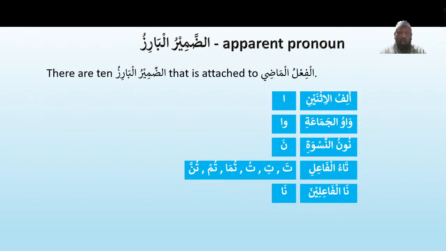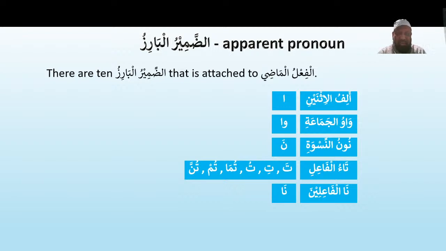Now we're going to call all these ad-damir al-bariz ad-damir al-marfu al-muttasil. Marfu because they will come in place of marfu, and muttasil because they will be attached to al-fi'l al-madi. Because remember, all damirs are mabni, and they are ism.